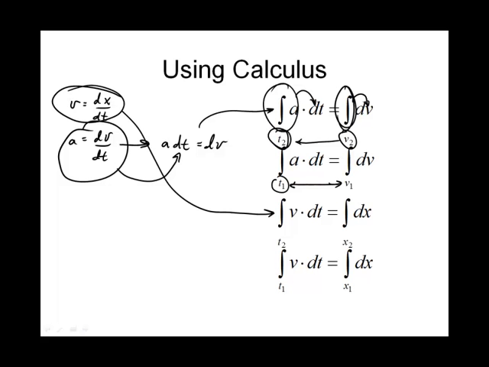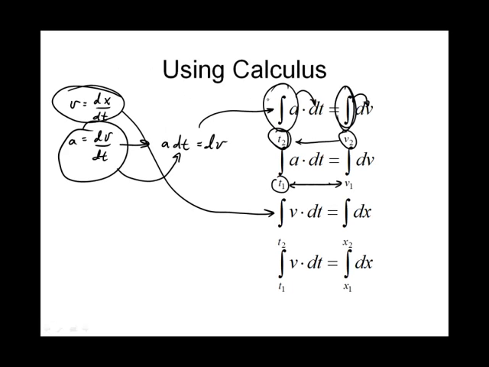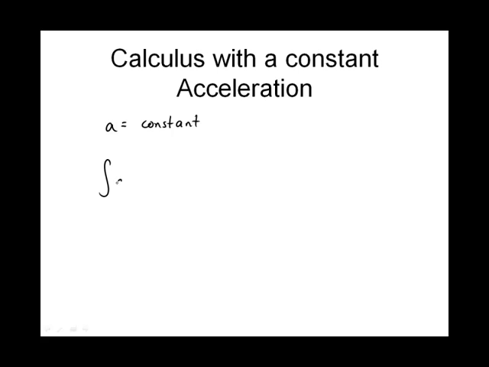So if I utilize that, and I keep in mind our constant acceleration, if the acceleration is equal to a constant, then I want to take advantage of those integrals. Specifically, I'm going to start with this one right here. So the integral of a dt equals the integral of dv. But the acceleration is constant, so it comes outside the integral.